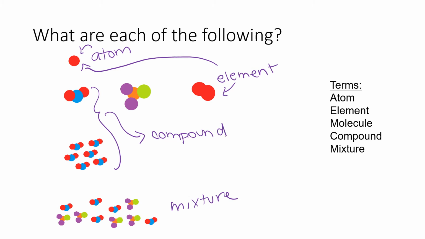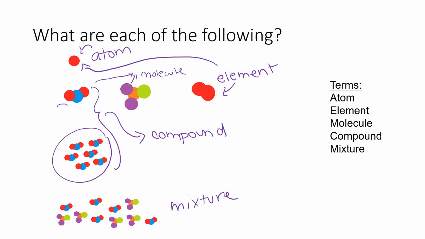That would be a single compound. This would be a group together of the compound. So if you're looking at your water again, you can say water is a compound with a whole bunch of water molecules, or it can just be one molecule. And then these two, we could call both of these a molecule.